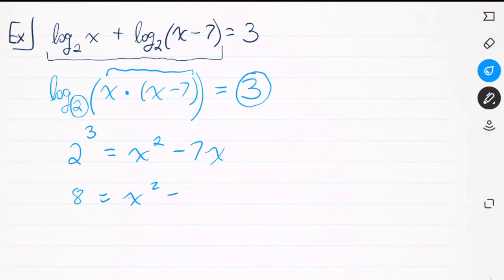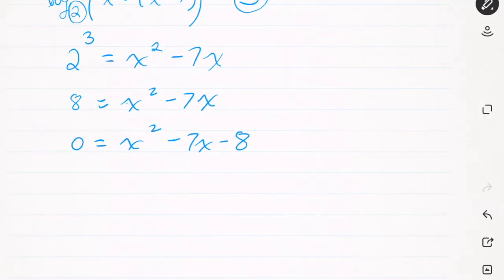And because it's got an x squared term and we're never going to get rid of it, we're going to get it equal to 0. So subtract the 8 across, and we get this polynomial that looks like it could be factored. So let's factor it. Factors of 8 that subtract up to -7, which would be, let's see, 8 and 1.